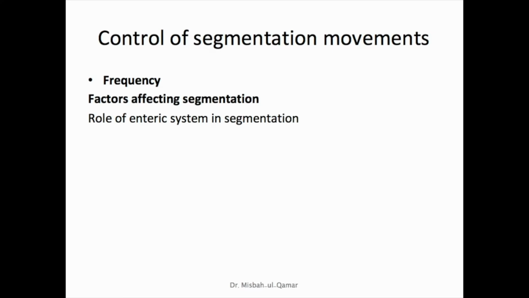So in duodenum and proximal jejunum, normally maximum frequency is not greater than 12 per minute, while in terminal ileum it is 8 to 9 per minute. The factors which could affect these segmentations are distension of the intestine, hormones like gastrin, and extrinsic nerve activity.